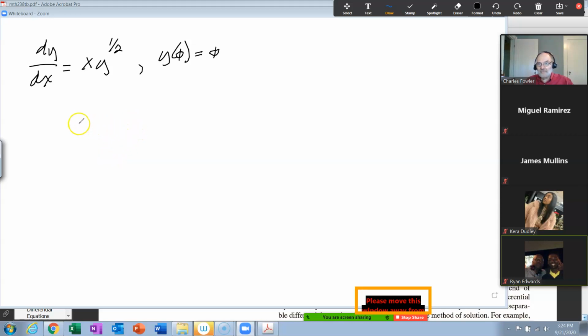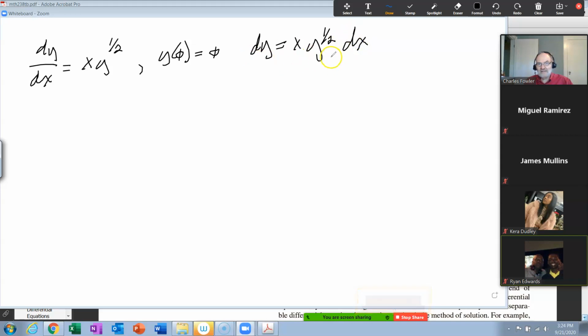Okay, this is separable. First thing we'll do is write it as a differential rather than a derivative. That'd be dy is equal to x y to the 1/2 dx. Okay, writing it as a differential. Let's divide both sides by y to the 1/2.